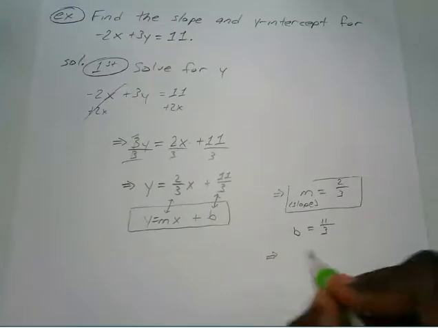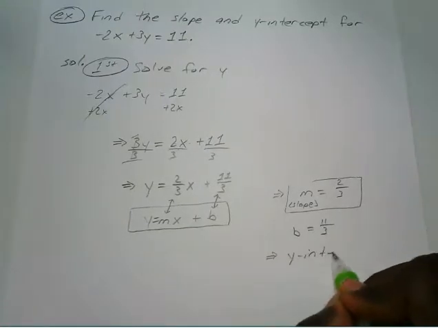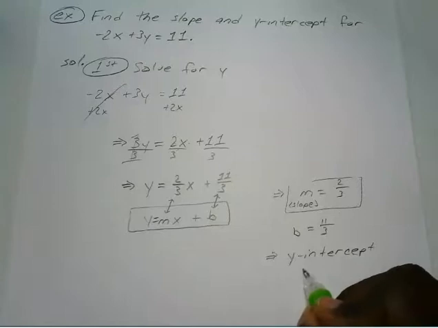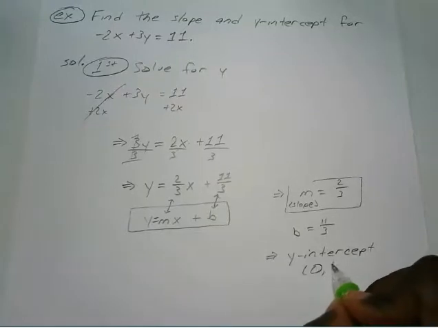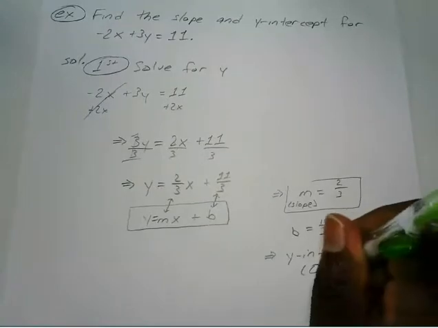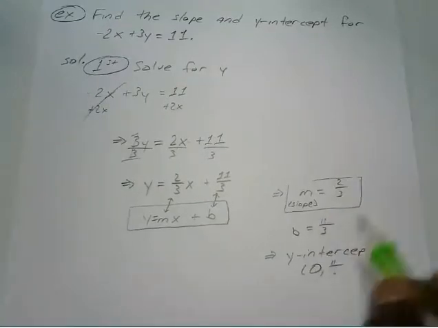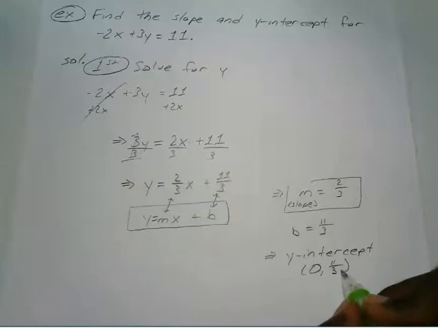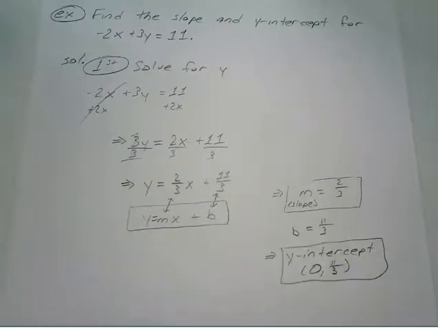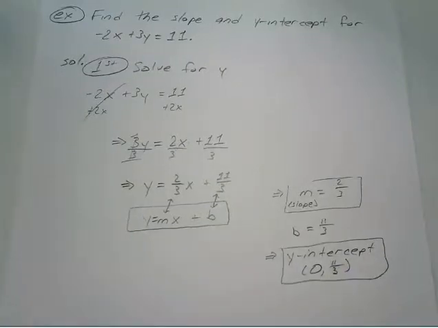So that means your y-intercept is 0, 11 over 3. The point 0, 11 over 3. And let me clean that 3 up a little bit more. There we go. Okay, so we have our slope and we have our y-intercept. So remember, always, always, always solve for y first before you look for your slope and y-intercept. That's a very important step.